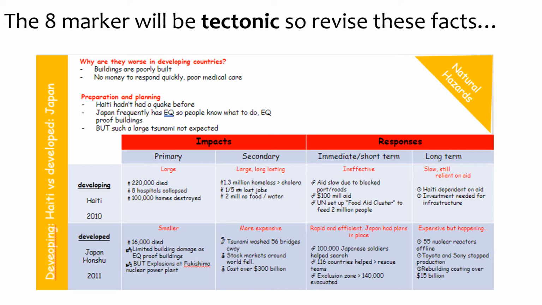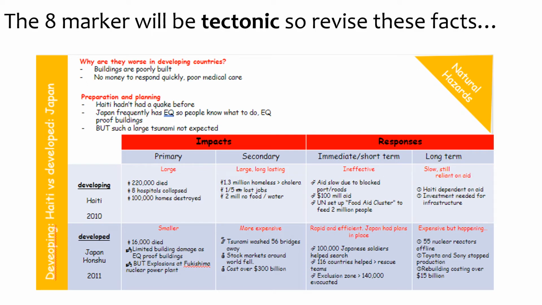The responses for Haiti were really poor overall. They were too slow. The country remained reliant on aid for ages. And in Japan, they had the best balance. They had great short-term responses. So your 100,000 soldiers deployed, that's a really large amount for helping with search and rescue.